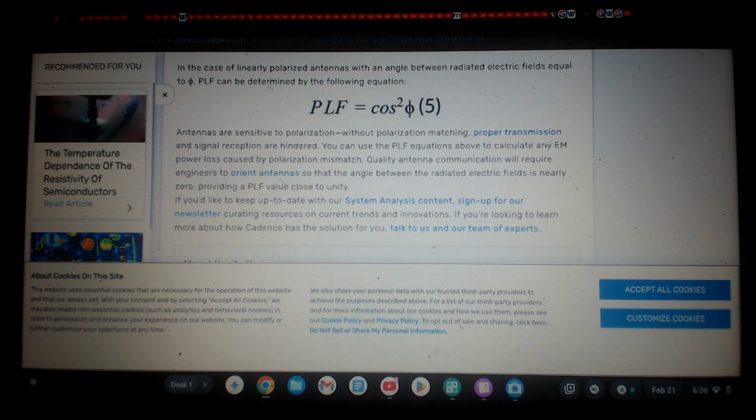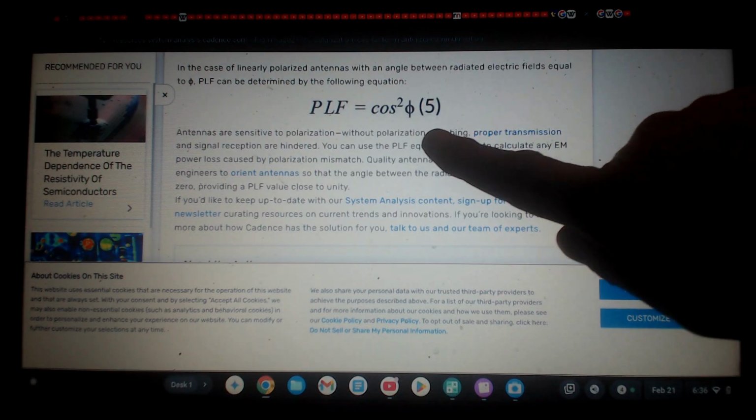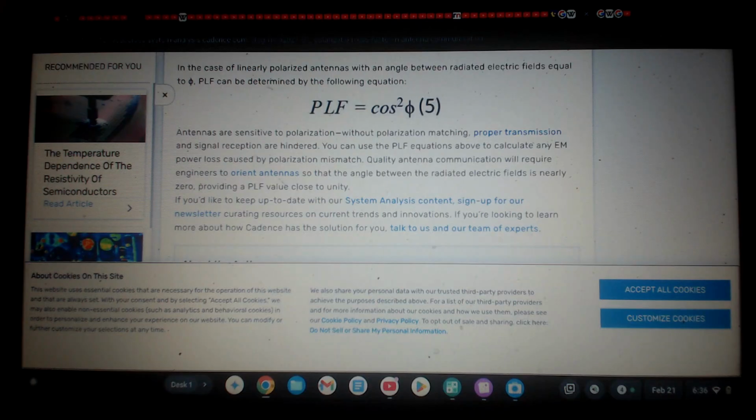Without polarization matching, proper transmission and signal reception are hindered. You can use the PLF equations above to calculate any EM loss caused by polarization mismatch.